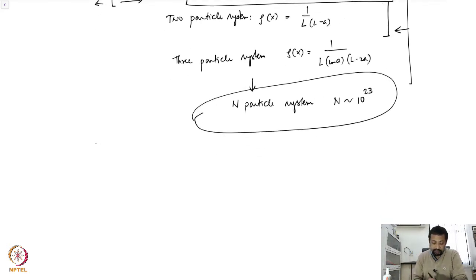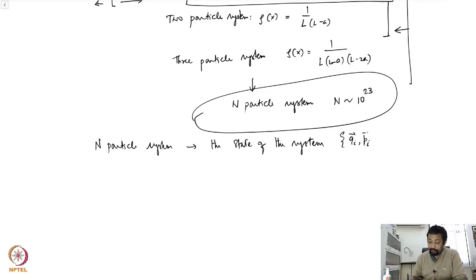Now the state for an n particle system, or any particle system, where n can be 1, 2, 3, anything, is characterized by the coordinates and the momenta. So there are 6n degrees of freedom.